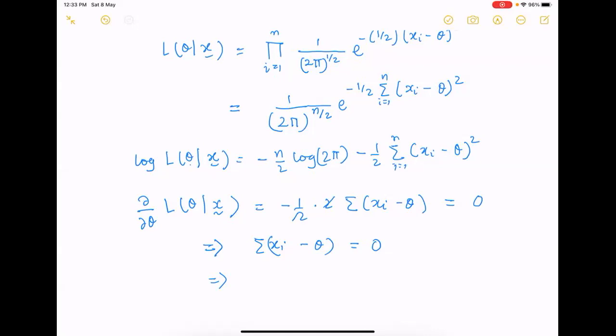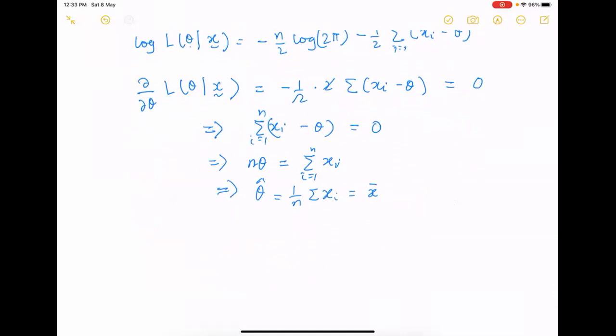That means we can say n theta equal to summation xi, i equal to 1 to n. That implies theta hat is 1 by n summation xi, or x bar, the sample average.